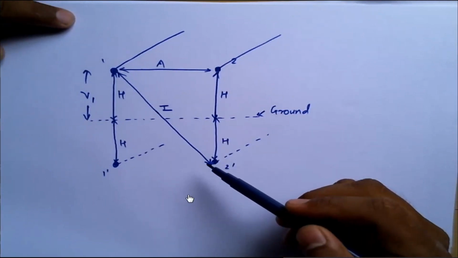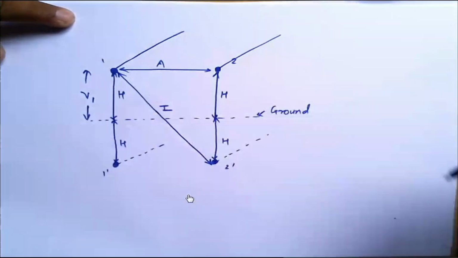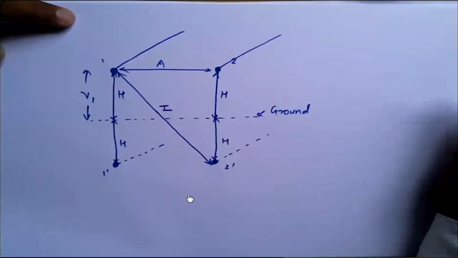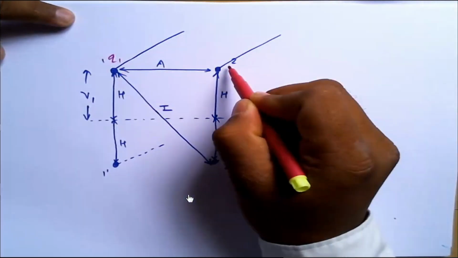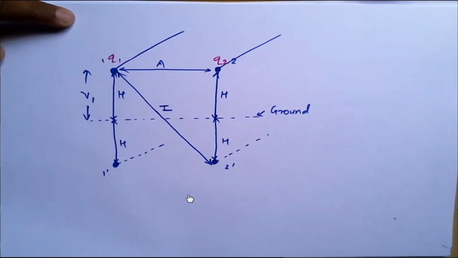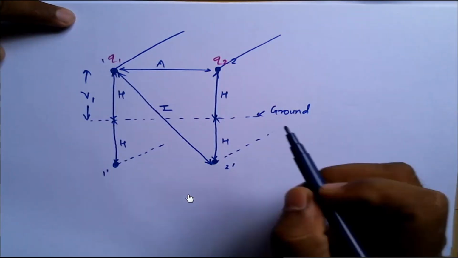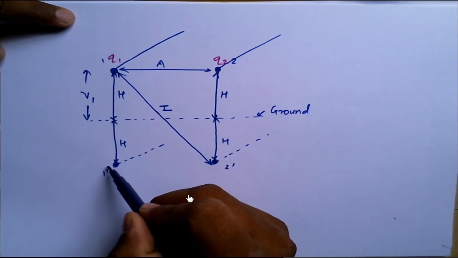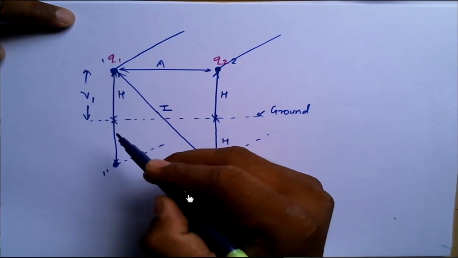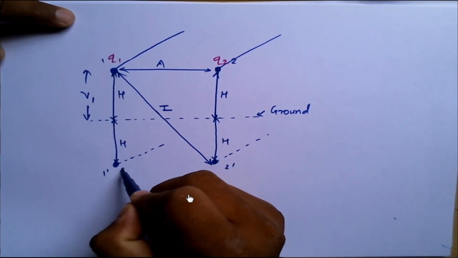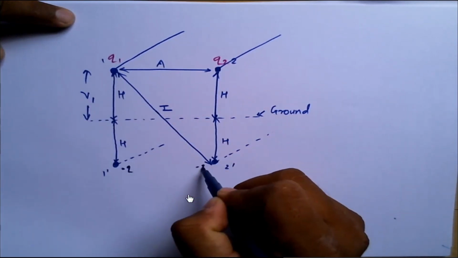As I told you, the charges on these conductors, let us suppose this is Q1 and Q2. These are the charges present on the conductors, and the conductors carry positive charges, the images will carry negative charges.